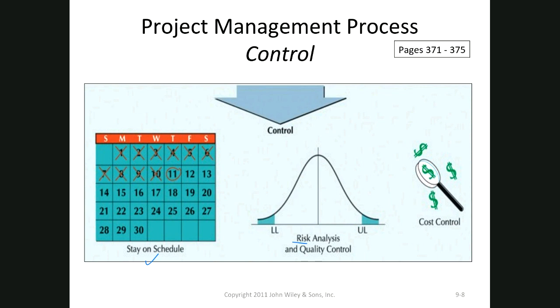Are we within acceptable tolerances? And then, of course, always cost. That project management team comes together to oversee the schedule, risk, and cost to make sure that the project is completed. And again, this is explained in greater detail on pages 371 to 375 in your textbook.